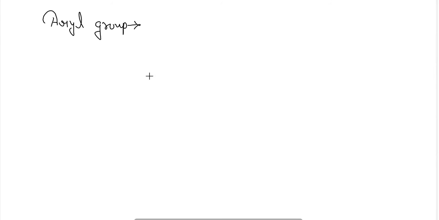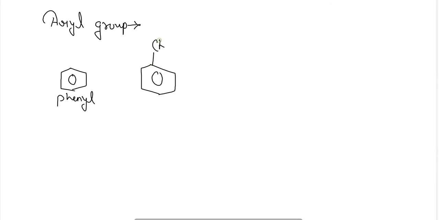So for the aryl group, generally we call this particular compound phenyl, a benzene ring with a circle. When a CH2 is attached here, it is termed as benzyl.